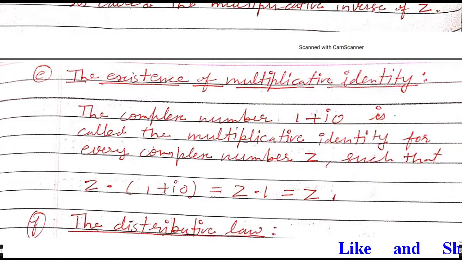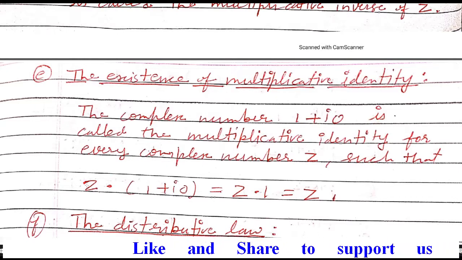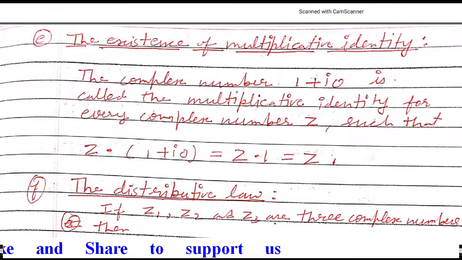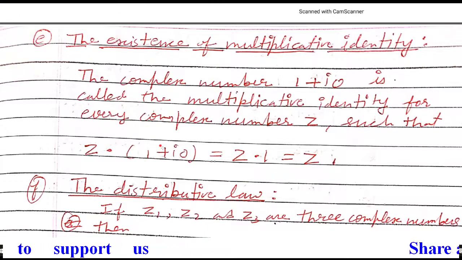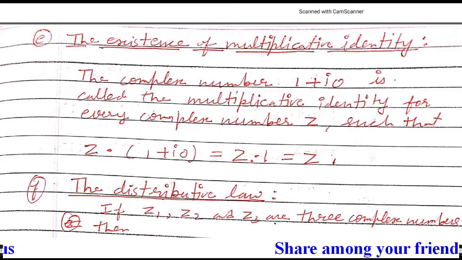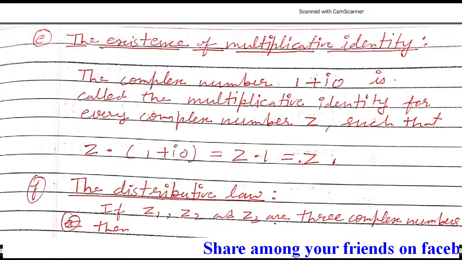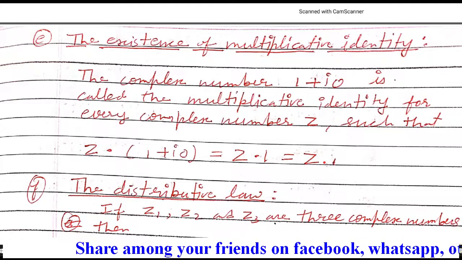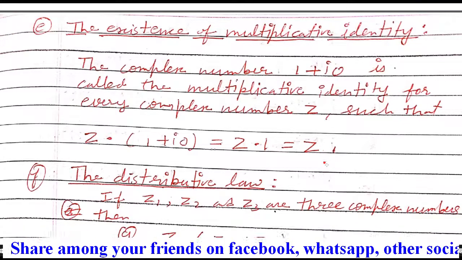Just see what is written here: 1 plus iota 0 is called the multiplicative identity for every complex number z, such that if you multiply any complex number by 1 plus iota 0, and if you simplify, its value is only 1. So any number multiplied by 1 is the same number. So 1 plus iota 0 is called the multiplicative identity for complex numbers.